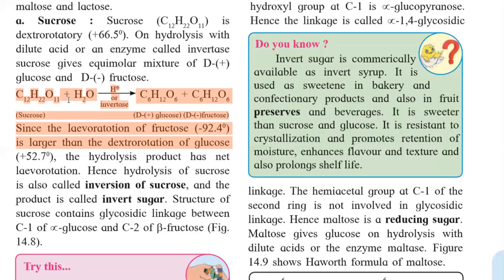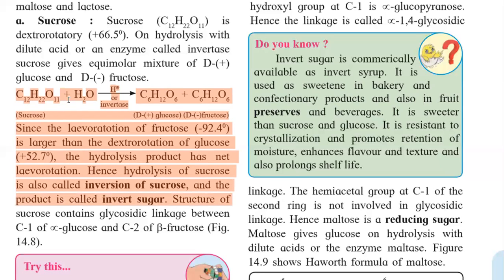So the laevo rotation is more than the dextro rotation, and the hydrolysis product has a net laevo rotation. Hence, the hydrolysis of sucrose is also called inversion of sucrose, and the product is called invert sugar.